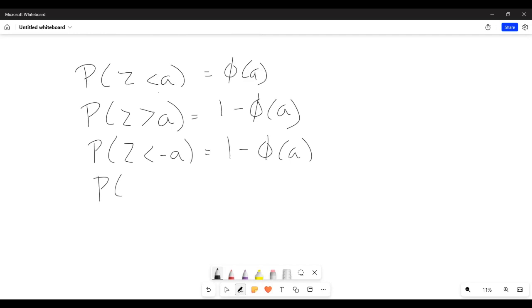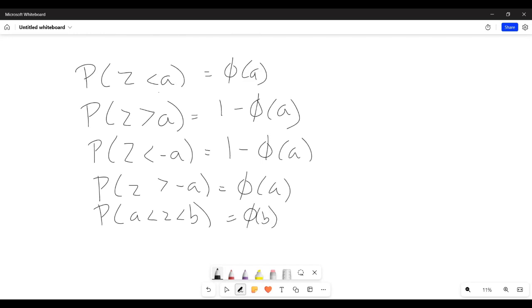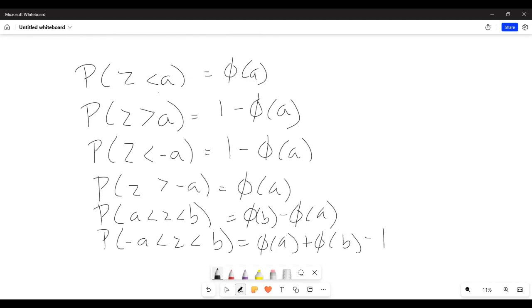Then probability Z is greater than minus A is the same as phi A. Then probability Z is in between A and B is phi B minus phi A. Then probability Z is between a negative value and a positive value is phi A plus phi B minus 1.